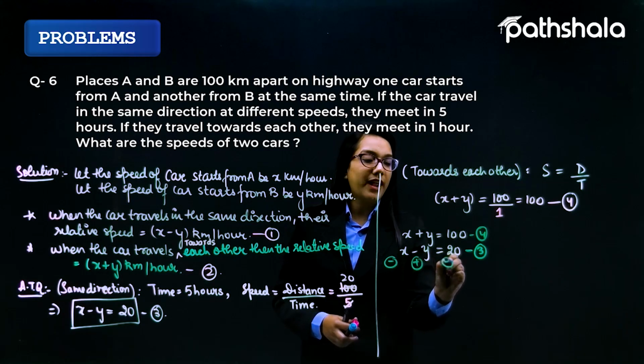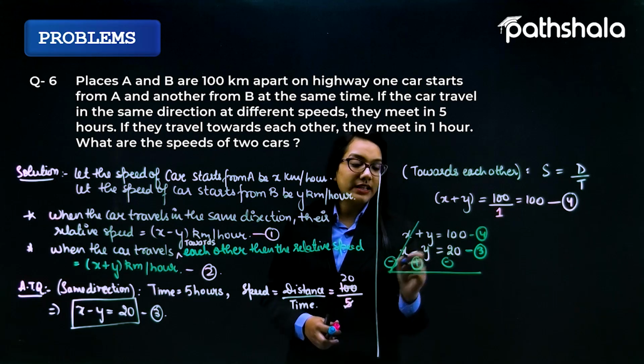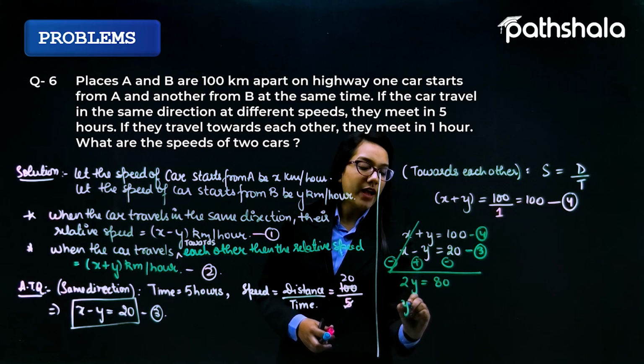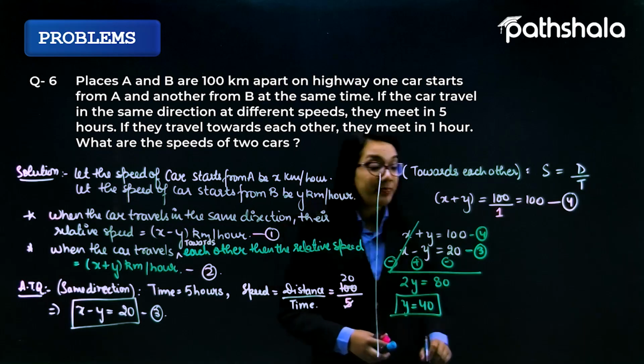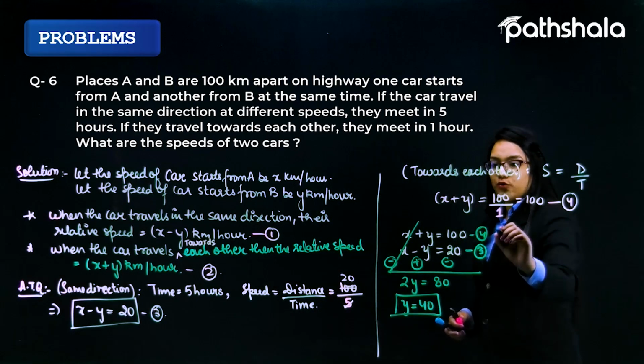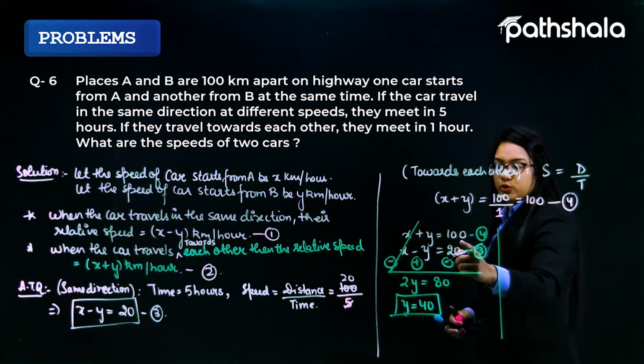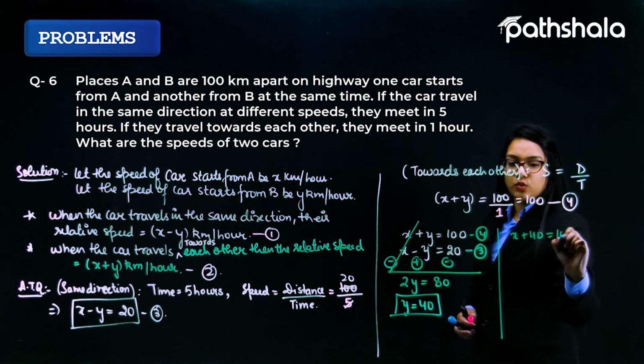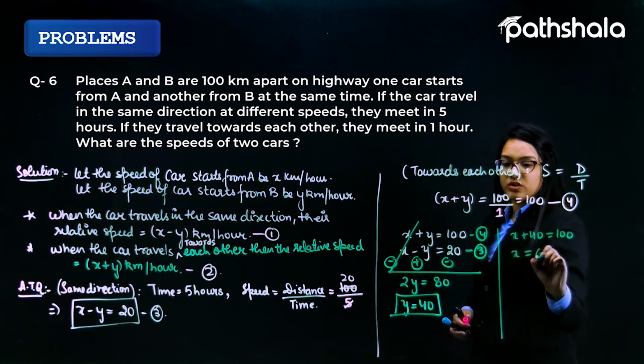If we subtract, x and x get cancelled, so this is 2y which is equal to 80. So y is 80 by 2, that is 40. Hence substitute y equal to 40 in any of these equations. So this would be x plus 40 is equal to 100, means x is equal to 60.